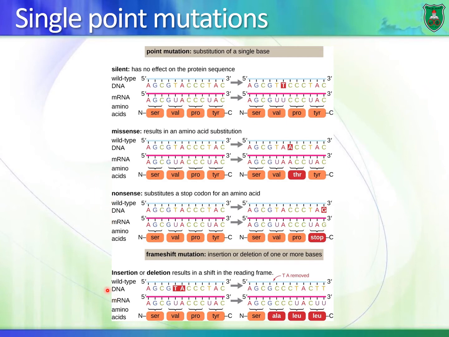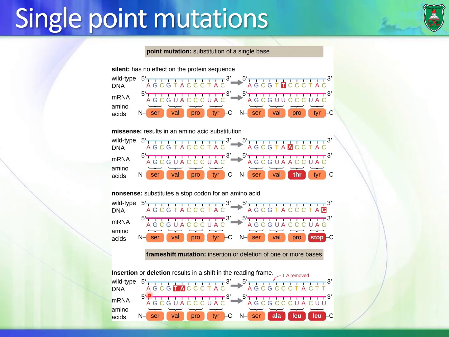Now, you can have another type of mutation called a frame shift mutation. Frame shift mutations are caused by the addition of a nucleotide or the deletion of a nucleotide, and that changes the frame of reading of the messenger RNA. So there's a shift in the messenger RNA.